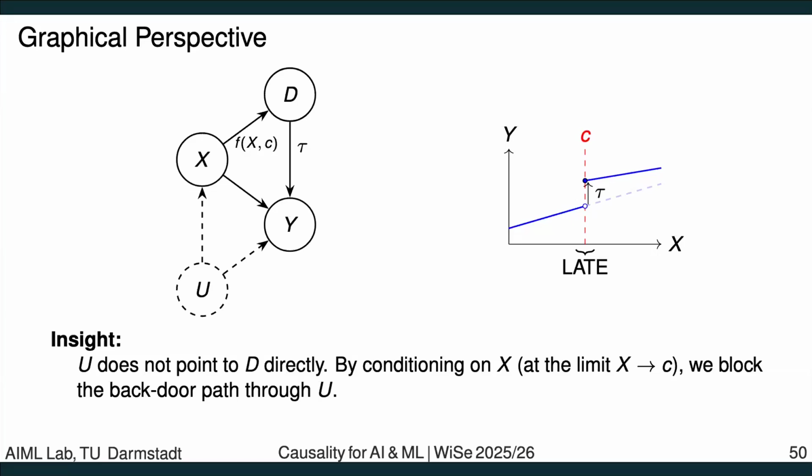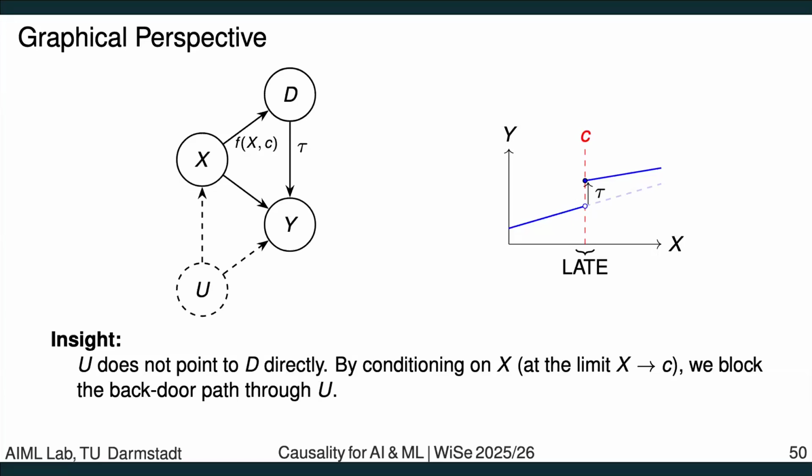From my treatment, I assume some tau that influences the long-term performance. And I have some other factors U that might influence the test score performance of my student and the eventual outcome. And if you look at the path from the treatment to the outcome Y, this path is confounded by those U's.